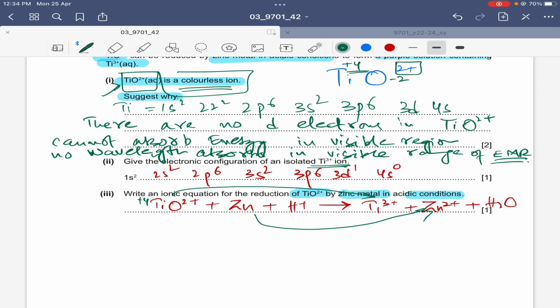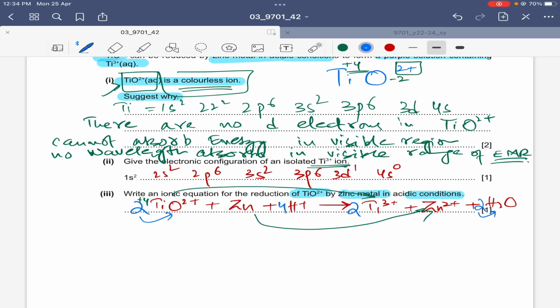So to balance electrons we have to multiply TiO2 plus by 2, and Ti3 plus on this side as well. So we would place 2 with TiO2 plus and Ti3 plus. Now the charge is balanced, the number of electrons lost and gained are balanced, and now we have 2 oxygens on the reactant side. So that means 2H2O, and to balance hydrogen it would be 4H plus.